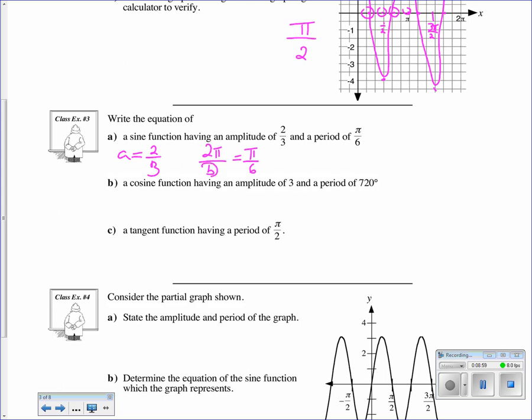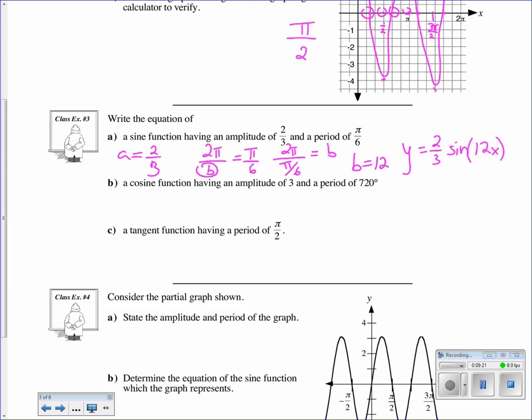This is my B, I'll circle that. So B will be 2 pi divided by pi over 6. The pi's actually cancel and give me a B value of 12. So that if I want to have a sine function, it will be y equals 2/3 sine of 12x.